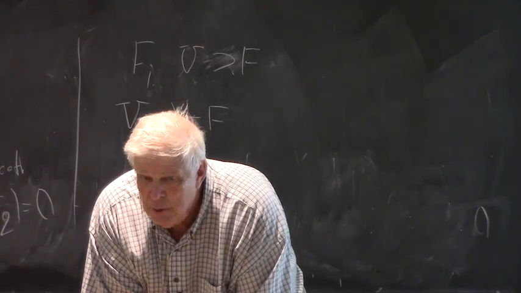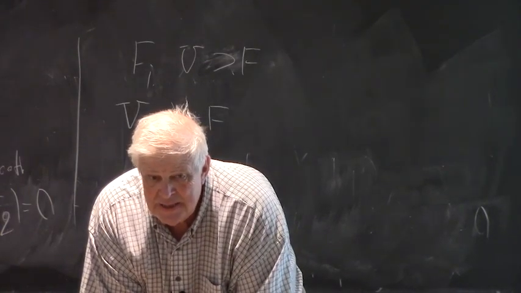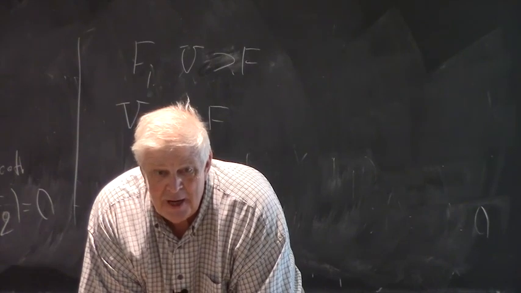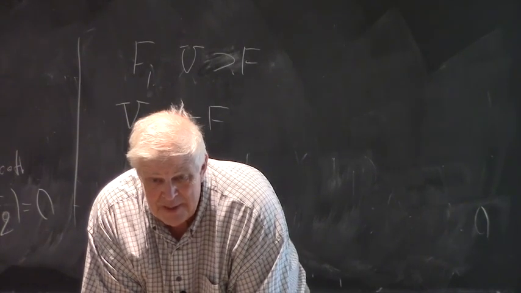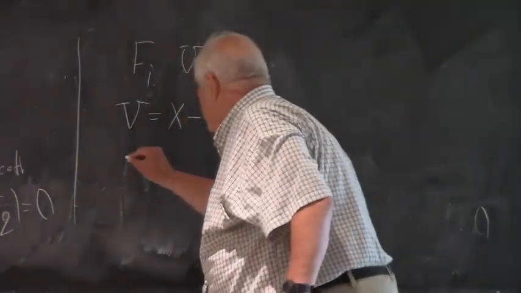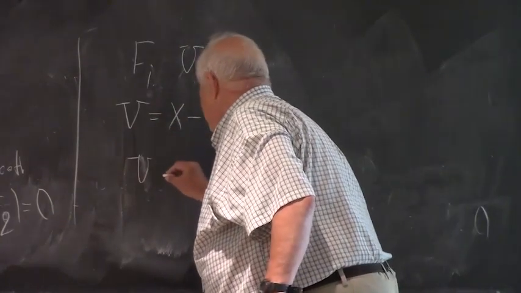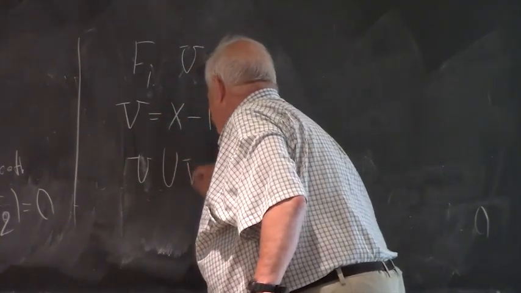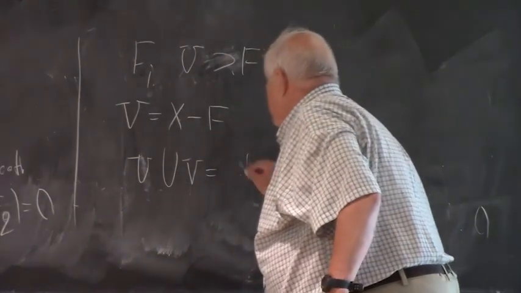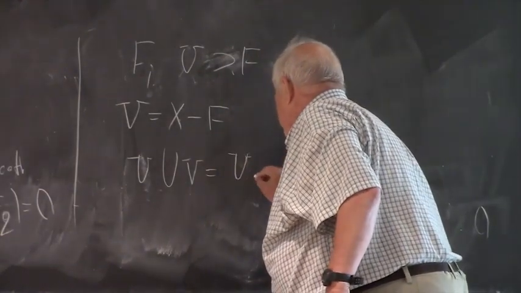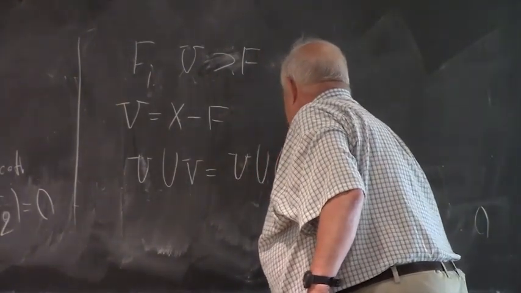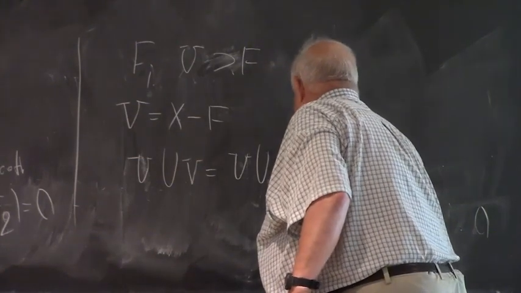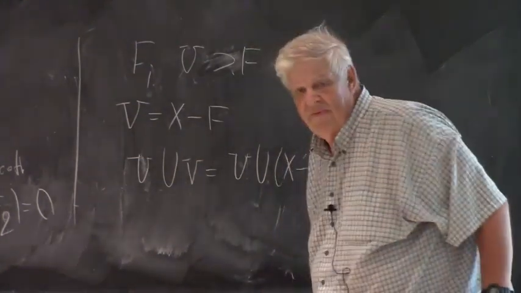And these two open sets form a cover of x, right? Because the union of u and v is the union of u and x minus f, and it is x because u contains f.